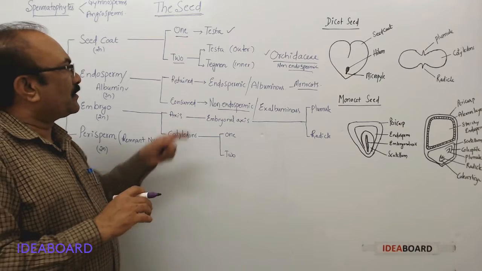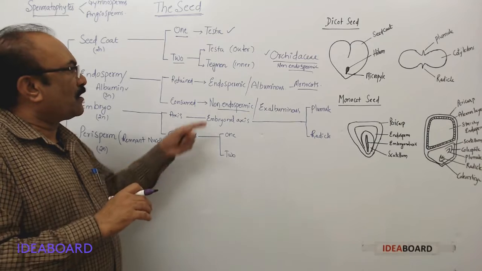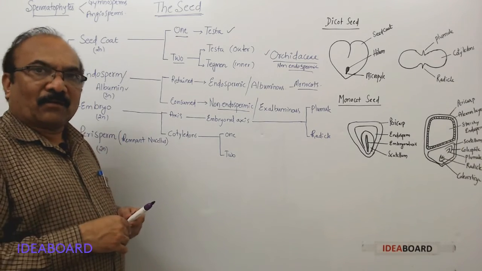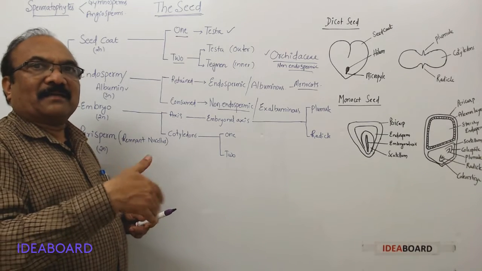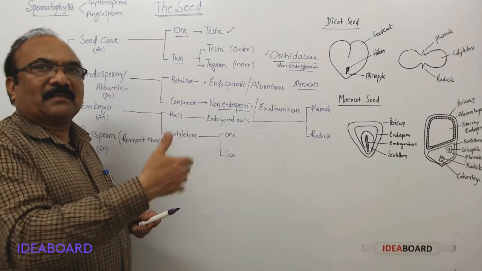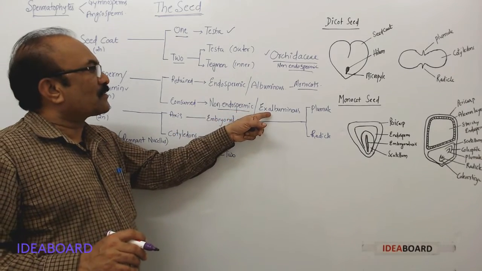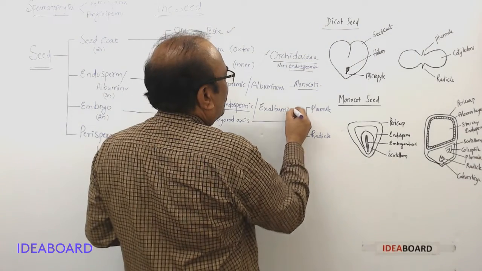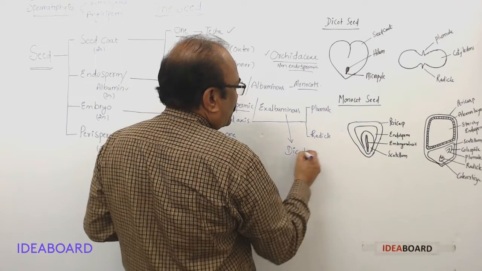Generally, people think that the endospermic seed will have endosperm, formed due to triple fusion, and non-endospermic seed is without endosperm, so there is no triple fusion. No, triple fusion is there. Endosperm is formed, but it is consumed by the embryo. So by the time the seed is formed, you won't find the endosperm. That's why it is called non-endospermic or exalbuminous seed. And such non-endospermic seeds are generally seen among dicots. But some exceptions are there.